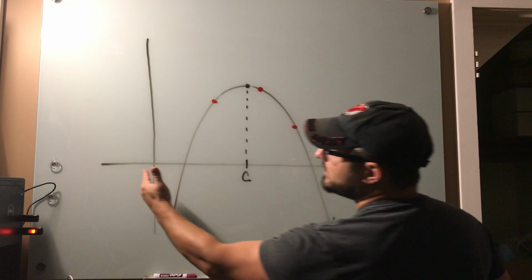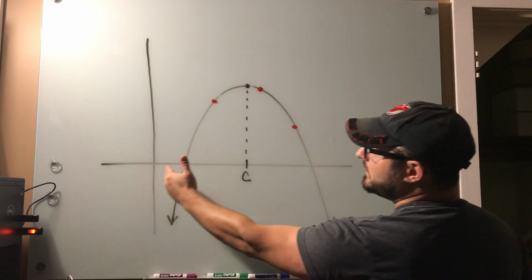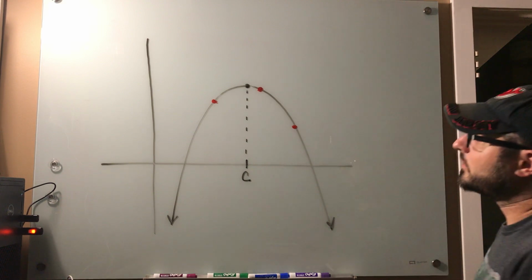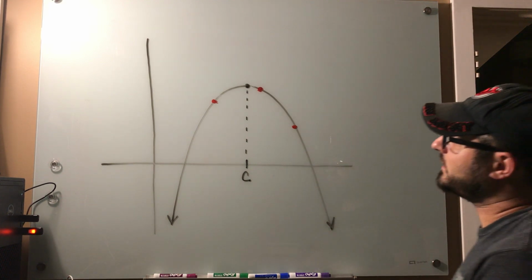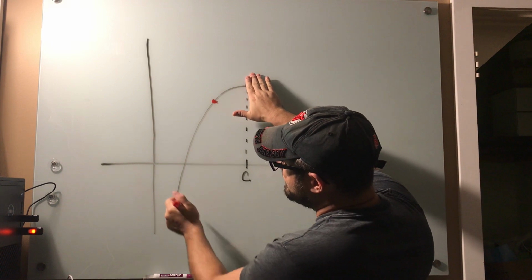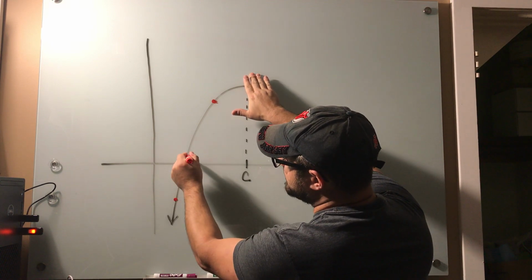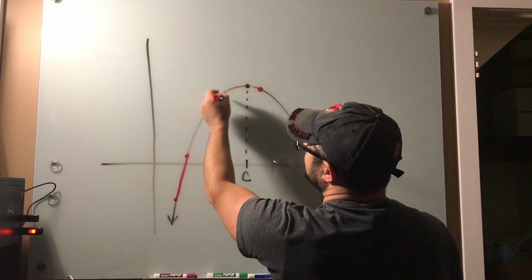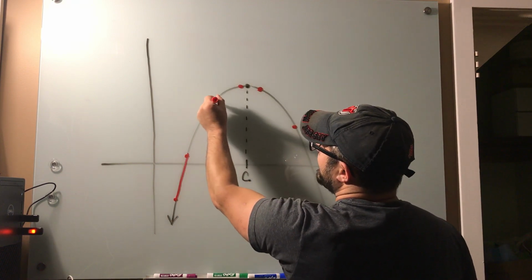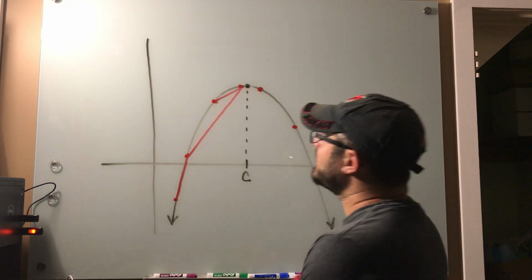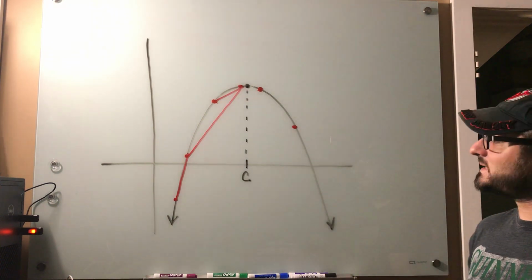Everything from the left side up to C will qualify as increasing, because as long as we stay on this side, any 2 points we choose on this side, the line segment connecting them will have a positive slope. Any 2 points. But we have to stay on the left side for it to work.